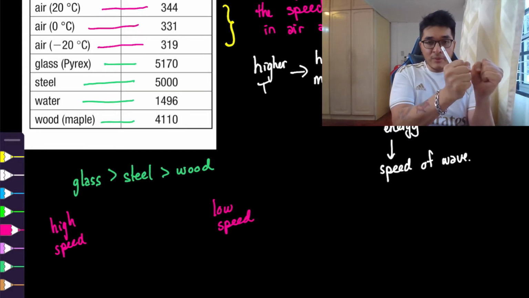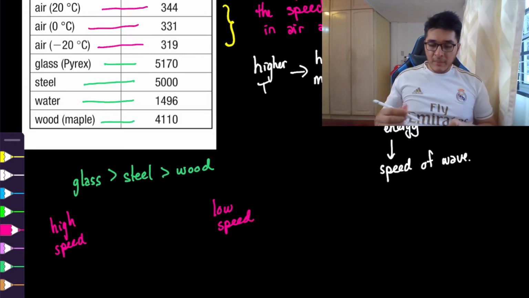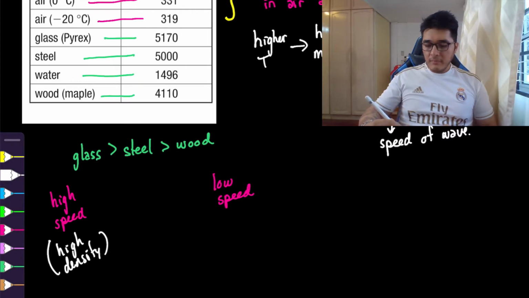They just have to move a little bit, then they collide, which we said transfers energy. So this high speed to low speed is because of the density of the material. So we can think of this as high density and low density.